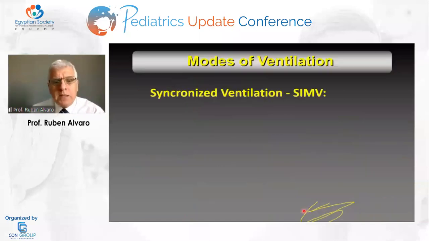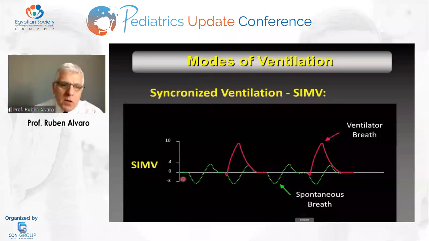So this is an example of synchronized ventilation on SIMV. Here, in green, we have the spontaneous breaths by the patient, and in pink, you have the breaths that are supported by the ventilator. As you can see, during SIMV, you only have a set frequency that you set, usually 30, 40, 50 per minute.